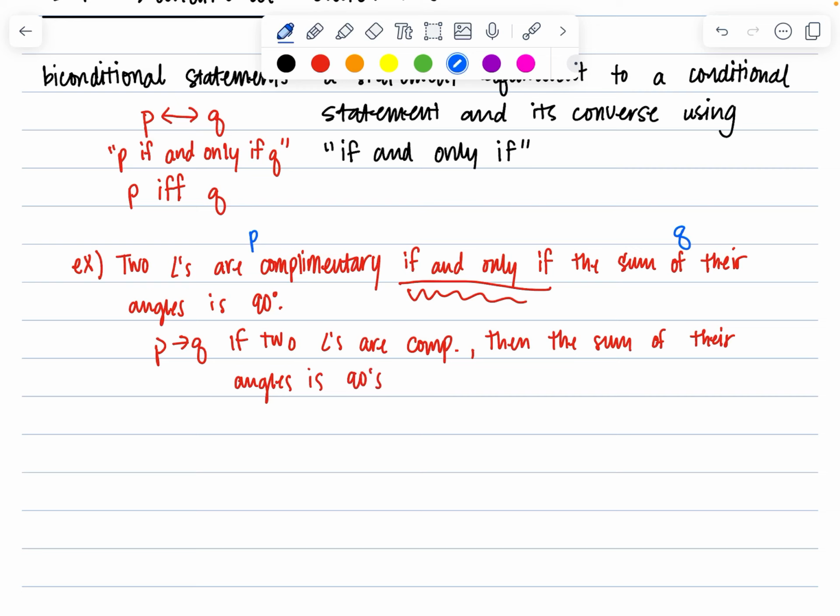If we really look at the statement, yes, this is true.